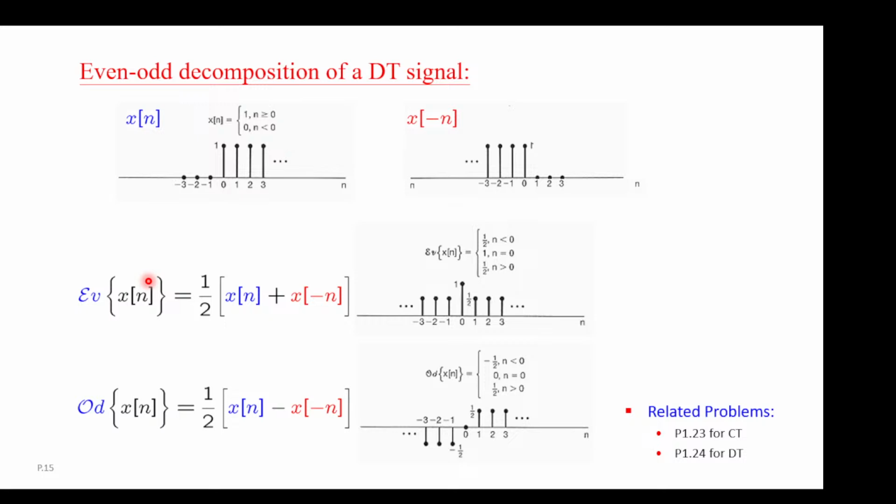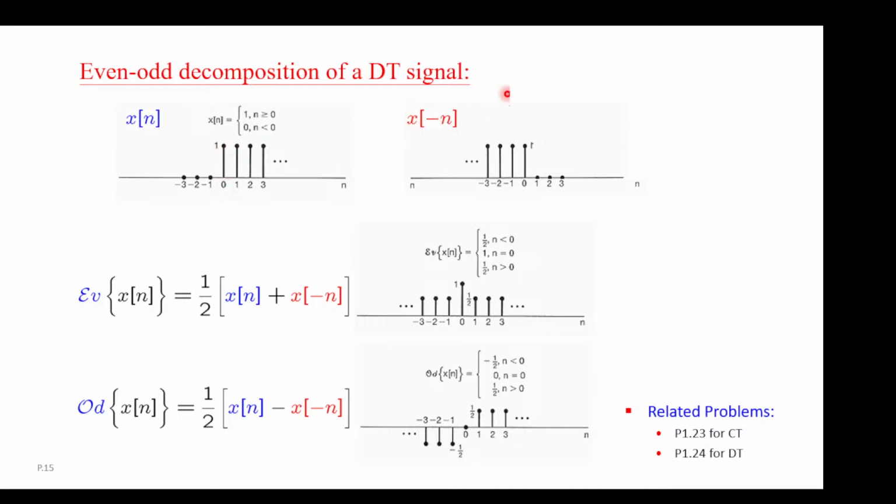And let's see this in an actual example. So you have whatever signal here. This is the signal here that's 1 at 0, 1, 2, 3, and you can see that it's neither even nor odd. If you go to x of minus n, you flip it left and right around n equal to 0.